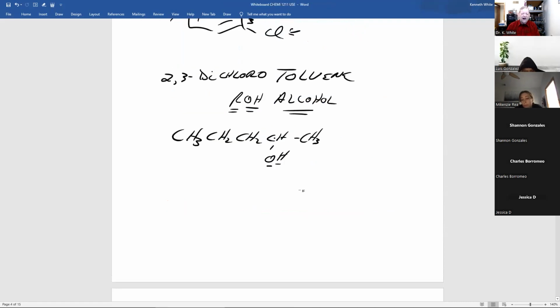So if we look at this molecule, there's only one chain. How many carbons are there? 1, 2, 3, 4, 5. That's pentane. Remember, this is test number 2 material. For an alcohol, drop the E, replace it with OL plus a number.